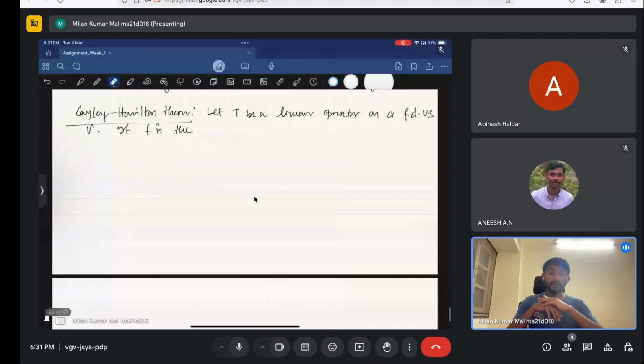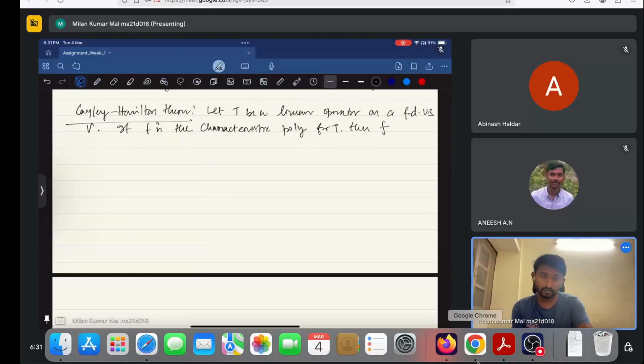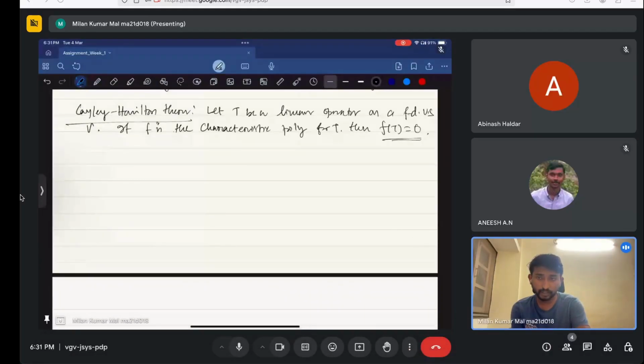Therefore we have seen a polynomial which can be easily constructed, which annihilates any linear operator on a finite dimensional vector space V. So the set of all polynomials which annihilate a linear operator is non-empty.